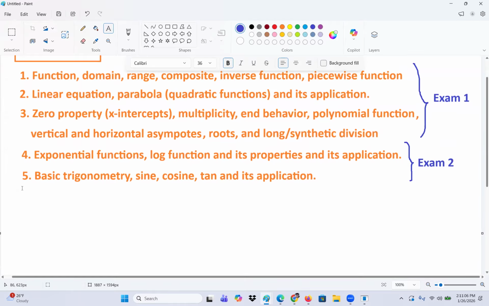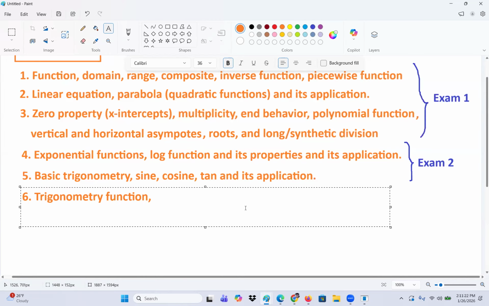And then finally, we're going to go to some trig functions, like periodic functions and all of this. This is one part of it, really big chapters.